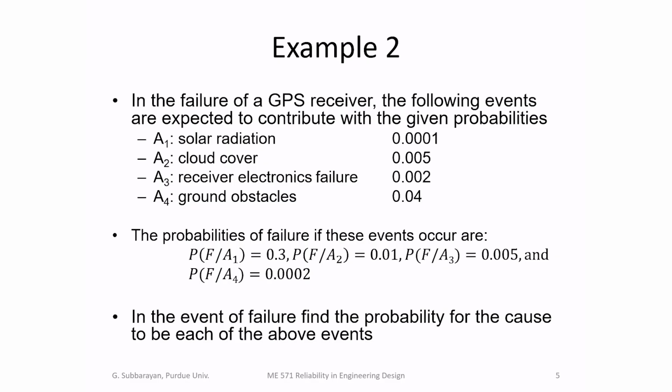In example 2, we are going to illustrate how in practice we will apply the conditional probability theorem, the Bayes theorem. Oftentimes, as I described before, in any product failure, we will have multiple causes.